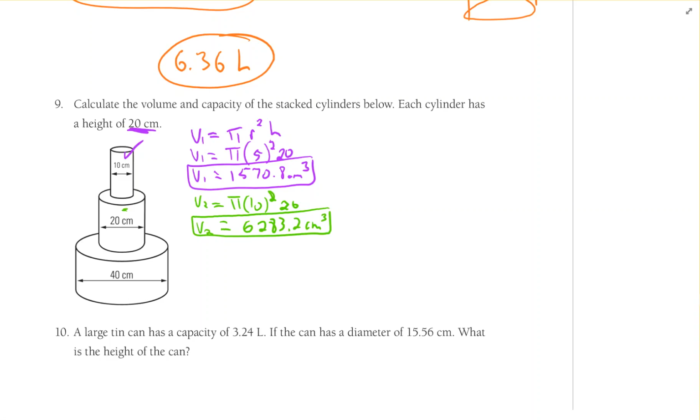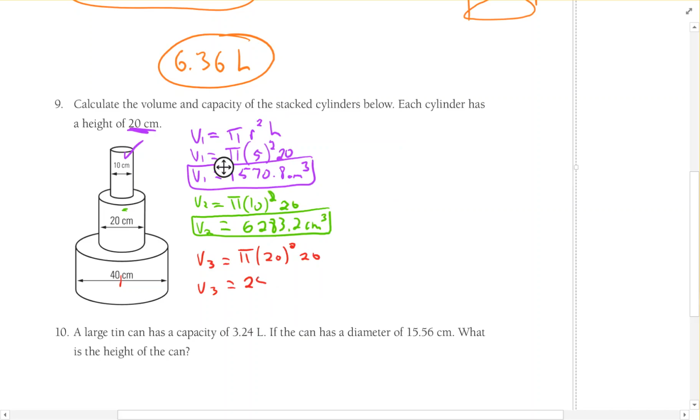And then lastly, V3 is equal to pi times, this time the radius is going to be half of 40, so 20 squared times 20 for the height. So V3 is going to be 25,132.7 centimeters cubed.